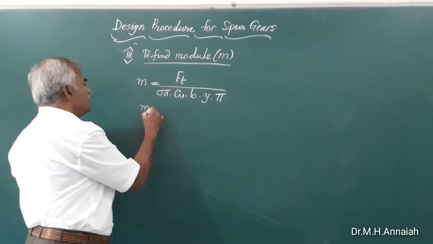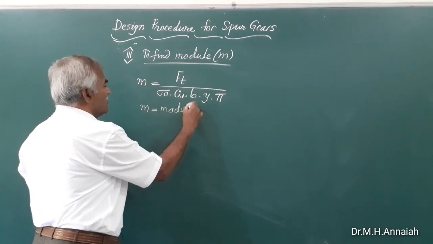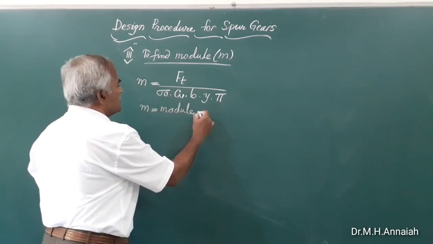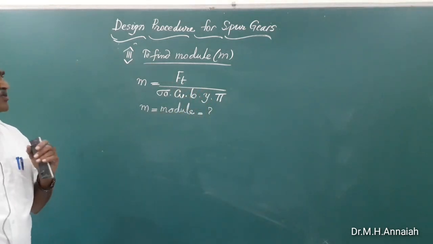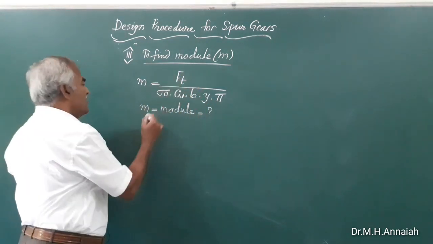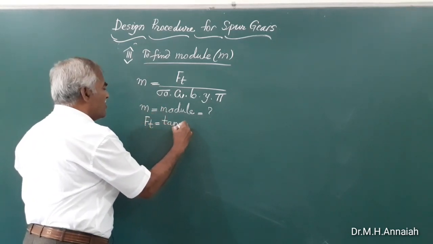Here this value M is module. Our aim is to find out this, and hence we'll take it as a question mark. This is to be found out. Then Ft is the tangential force on the gear.